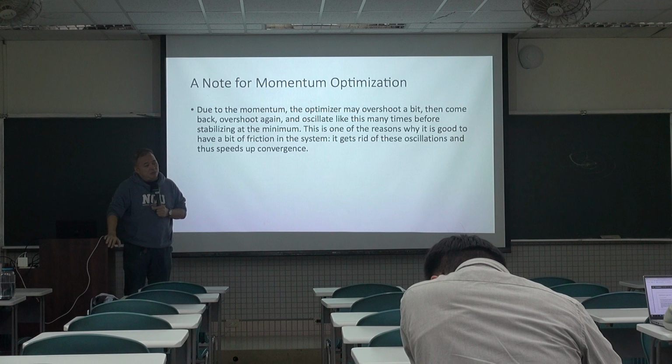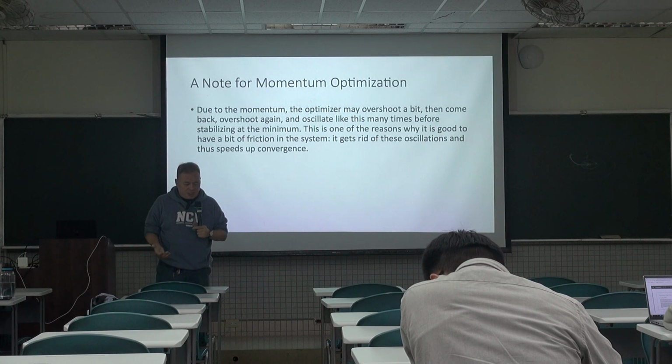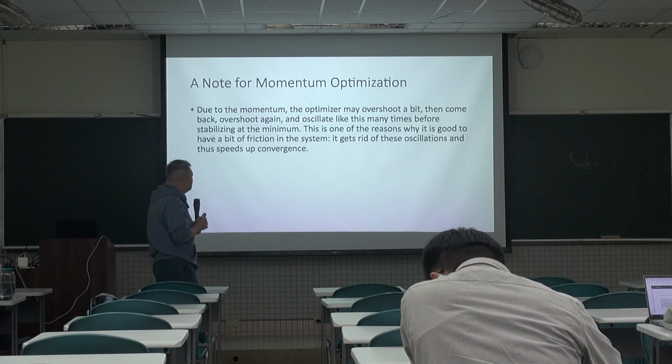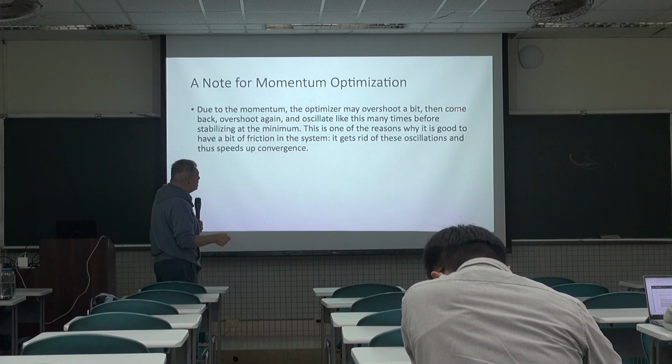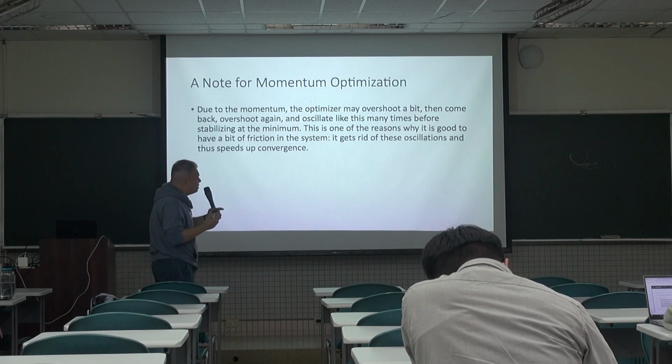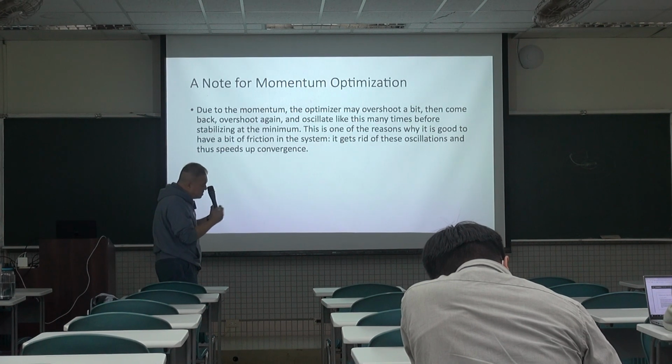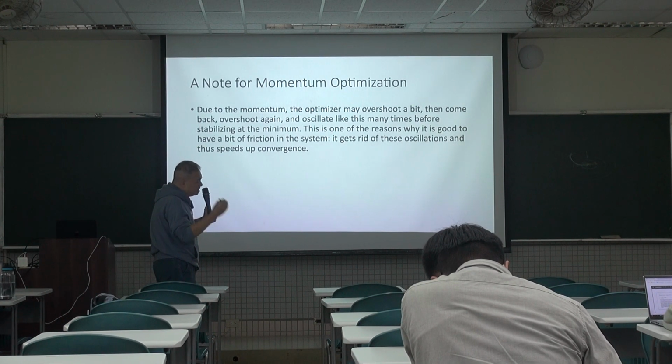But with momentum optimization, the friction helps us stabilize. It will take a while for this friction to take effect and help you converge.